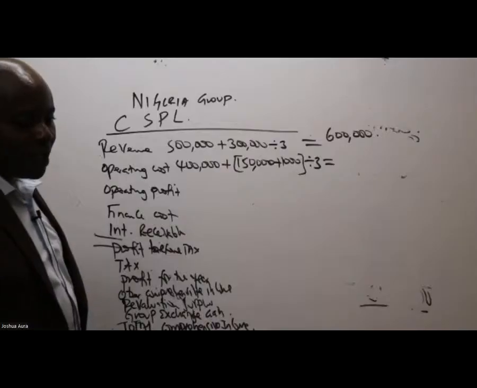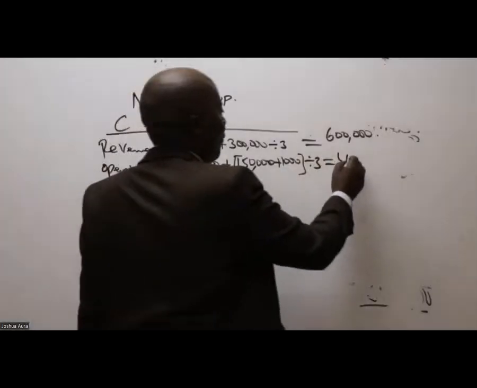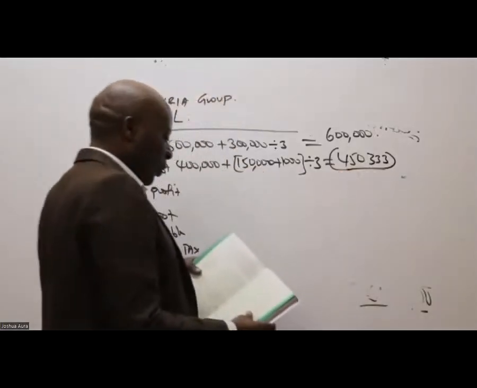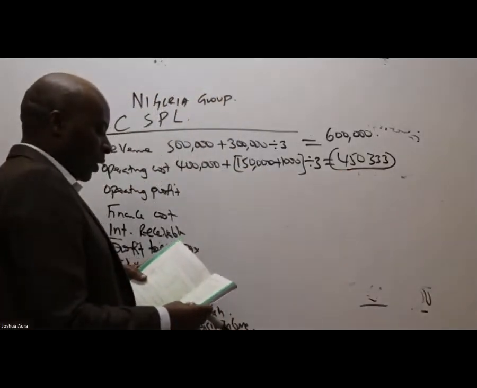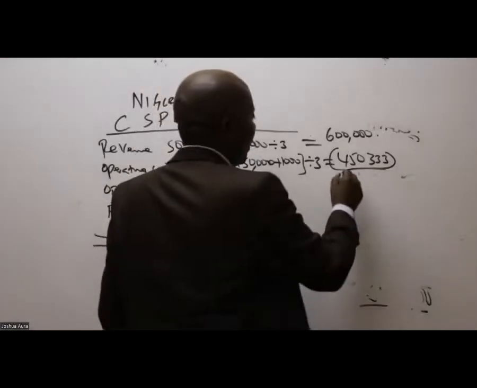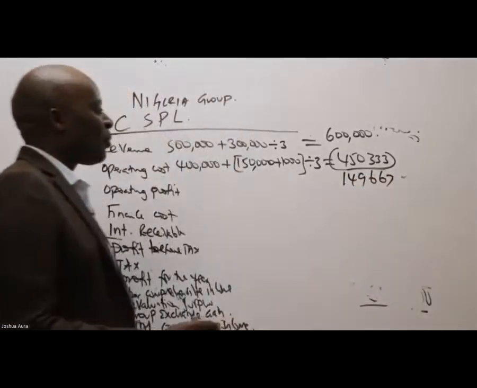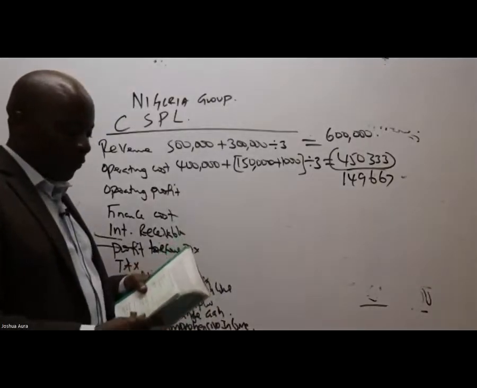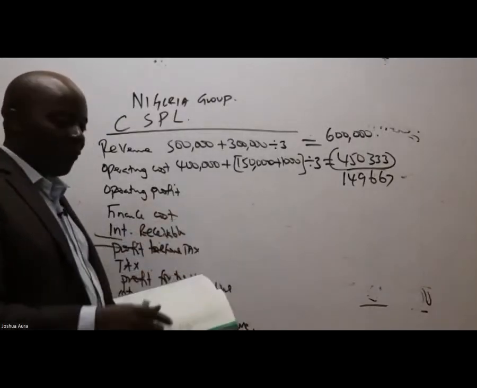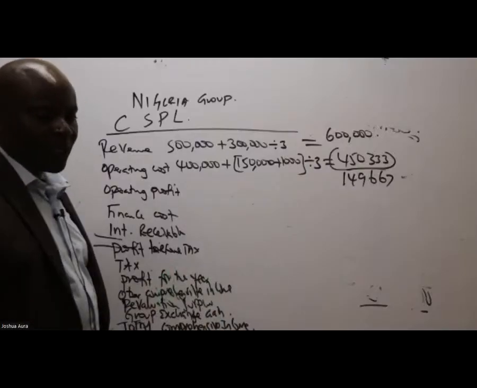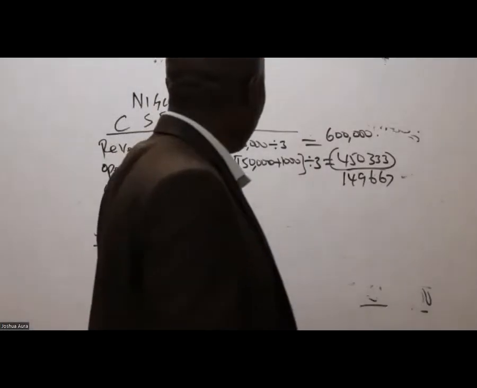You have 450,333. And if you subtract here, now we shall be able to get our operating profit of 149,667. Can you kindly confirm this operating profit? Yes. So from there we go to the finance cost.